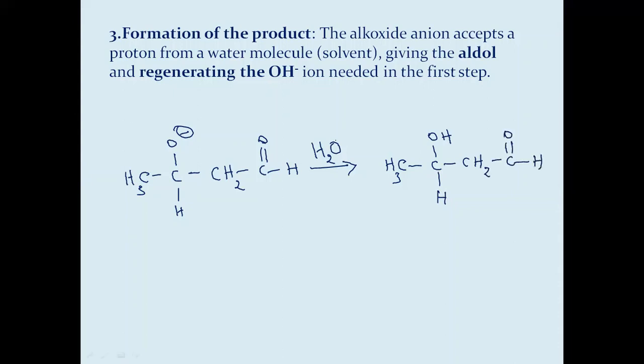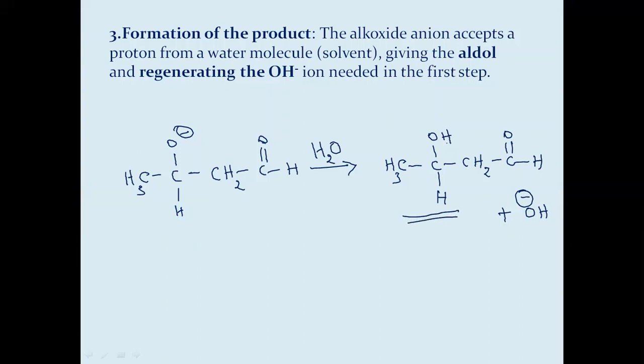If H plus is removed from this H2O, what remains? OH minus will remain. This OH minus will be further used as a reactant to abstract the alpha hydrogens of the other aldehyde molecules in the solution, so that the reaction will proceed. So at this step we get the final product, that is aldol.